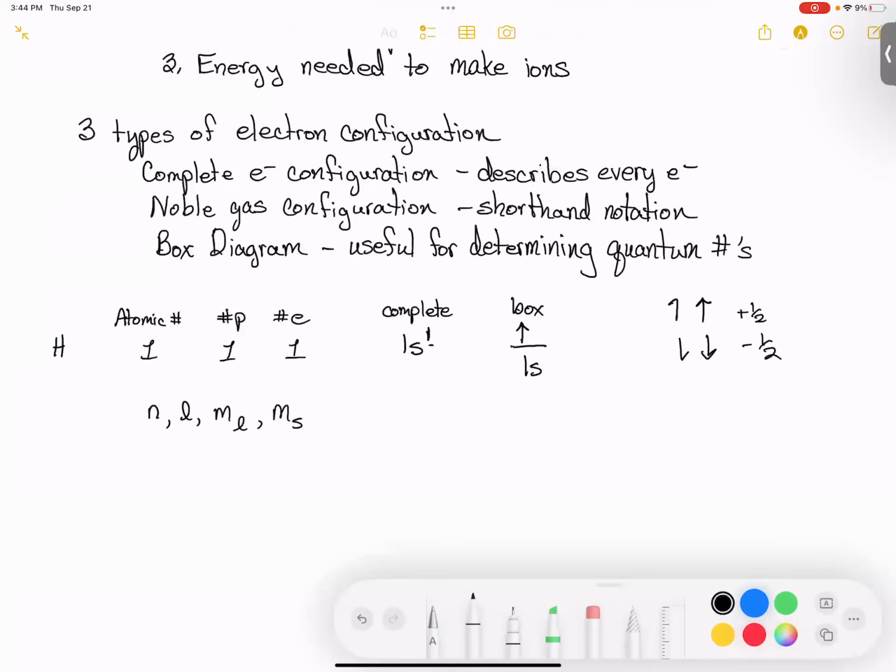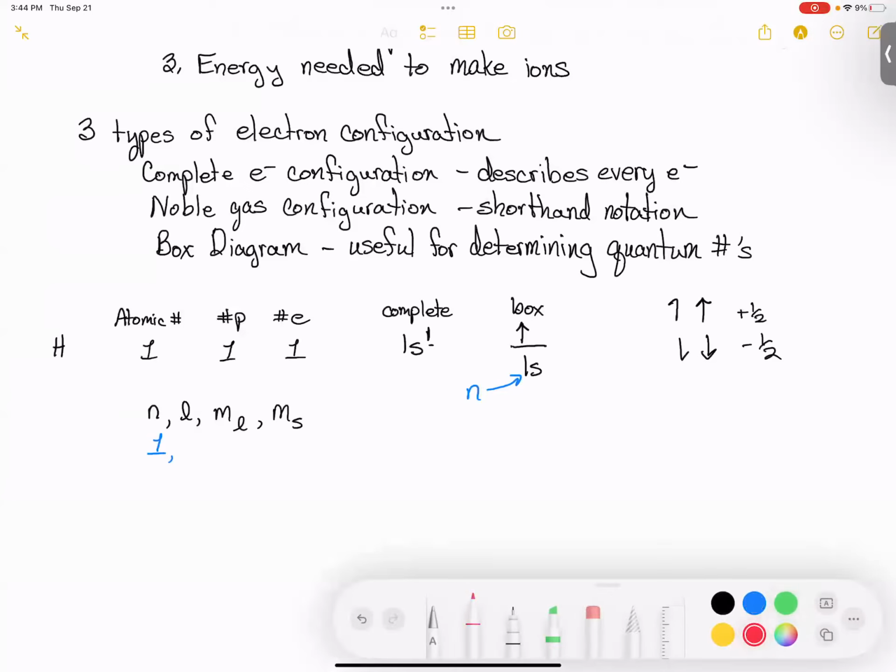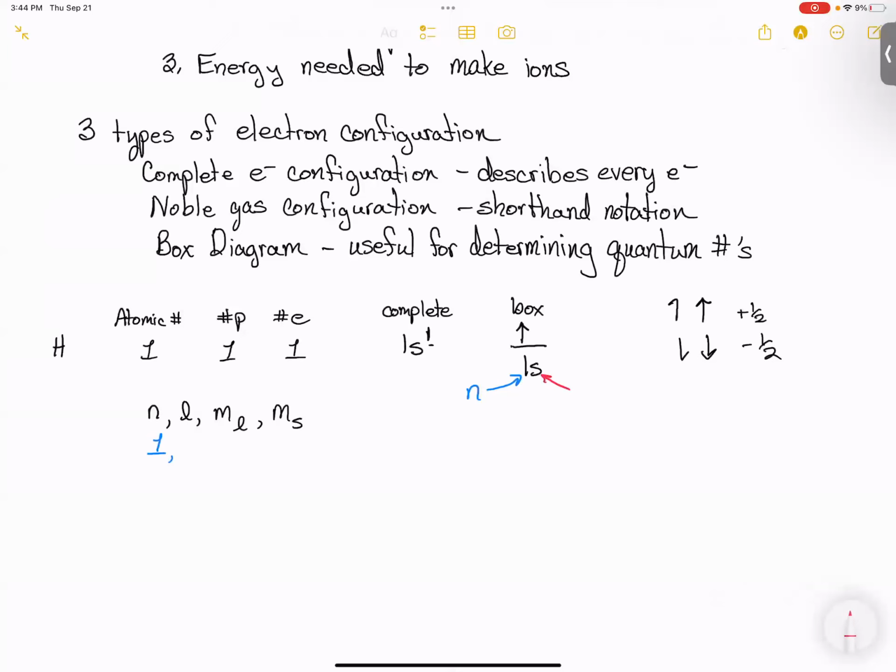Those things are embedded in this. So the numerical value here, folks, that is your principal quantum number. So that is a 1. The letter tells you what your L is, because remember, an L equal to 0 is an S, an L equal to 1 is a P, an L equal to 2.